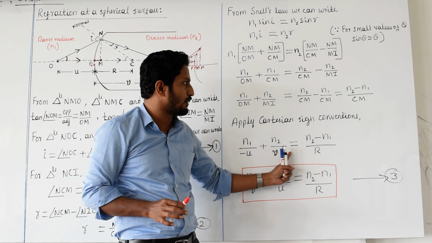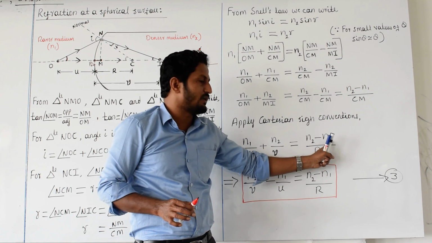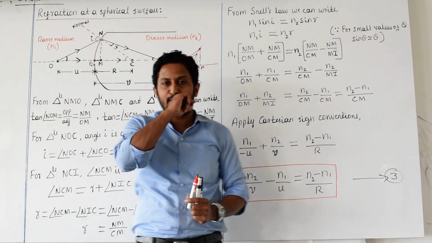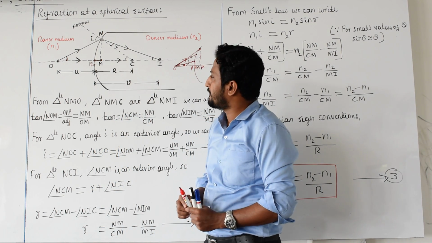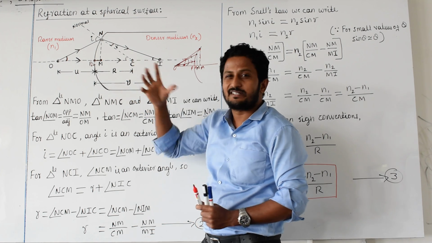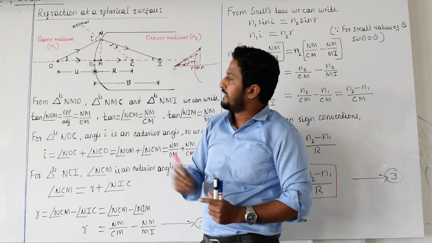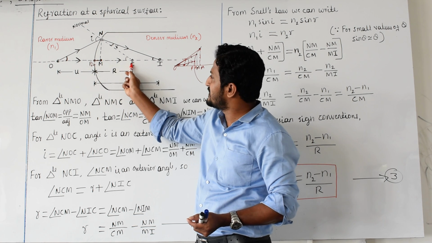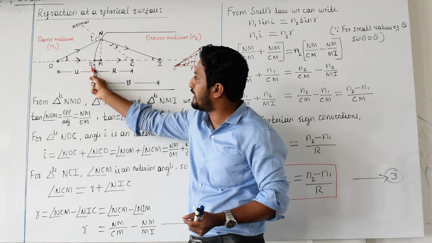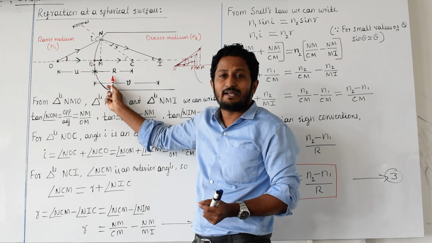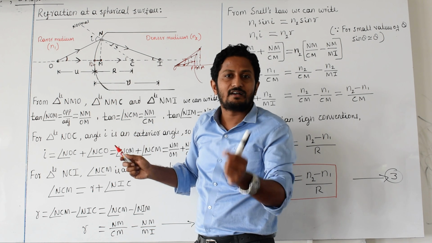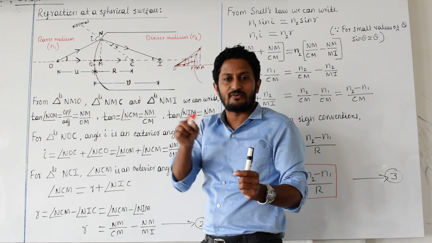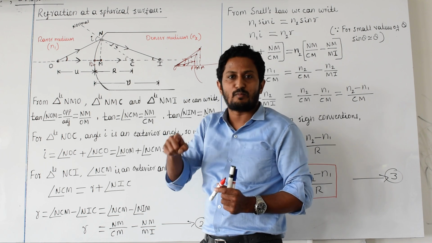Yes, that is equal to n2 minus n1 as usual divided by Cm there. What does Cm mean? Look at the diagram again. C is the center of curvature. M you treat as the pole point. The distance between the center of curvature and the pole we call the radius of curvature. That radius of curvature is represented with the capital R symbol.